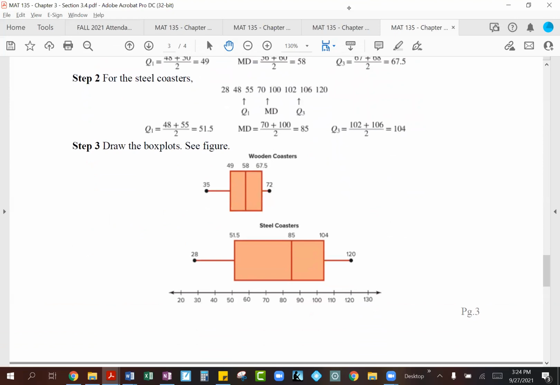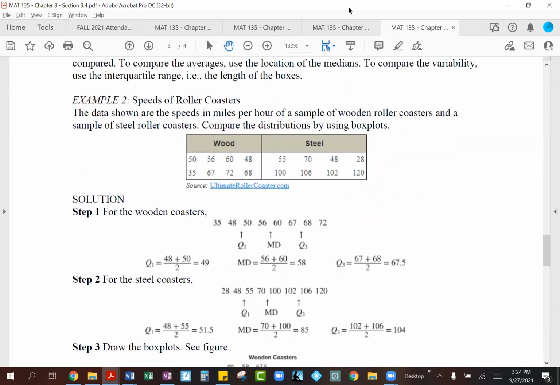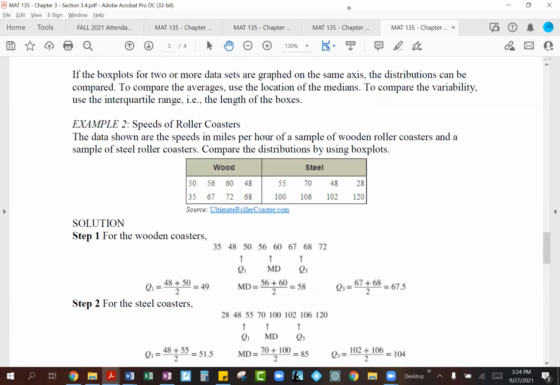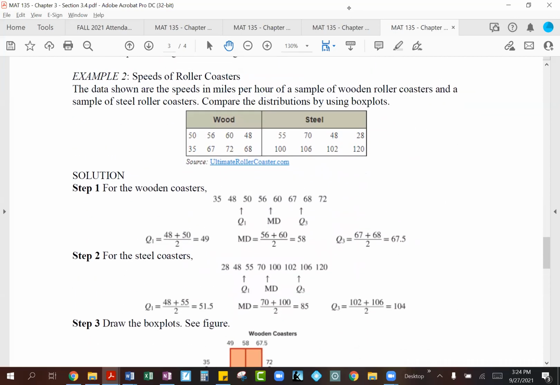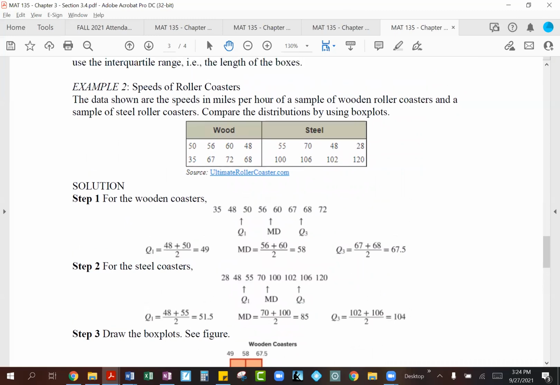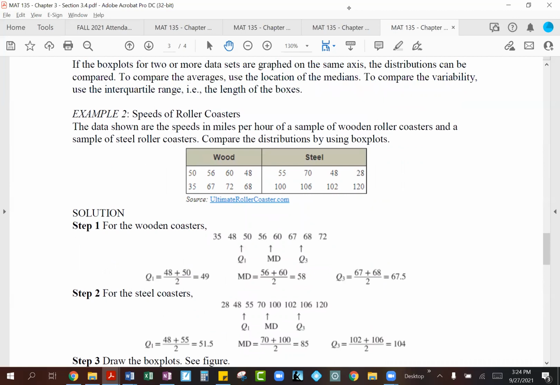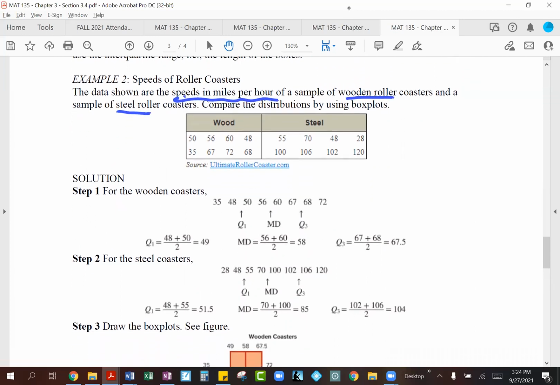You can do comparisons between two different categories. So here, they're talking about comparing wooden roller coasters to steel roller coasters. I believe this is based on speed. Yeah, the speed in miles per hour for a sample of wooden and a sample of steel roller coasters.